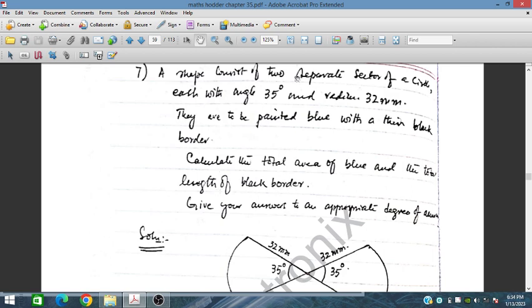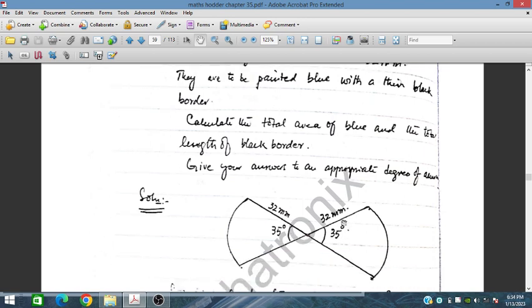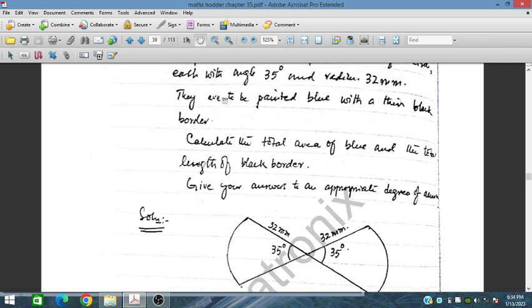So this is the shape, 2 separate sectors of a circle, and here this is 35 degree and this is also 35 degree. This length is 32 millimeter. This is also 32 millimeters, and they have to be painted blue with a thin black border. So we need the total area of the blue and the total length of the black border.